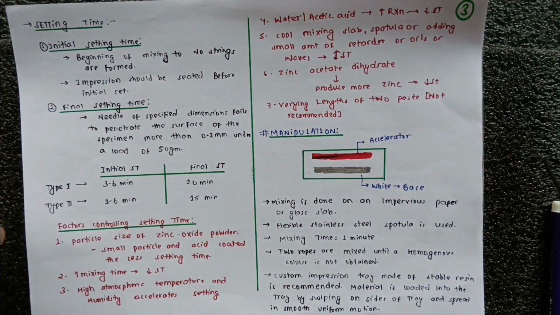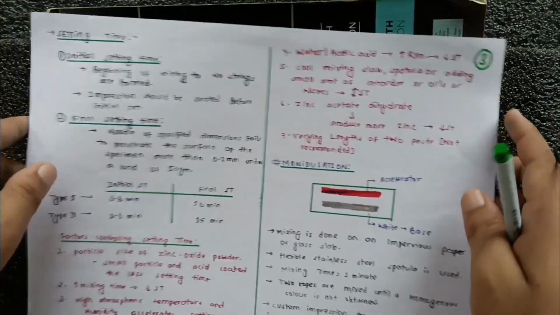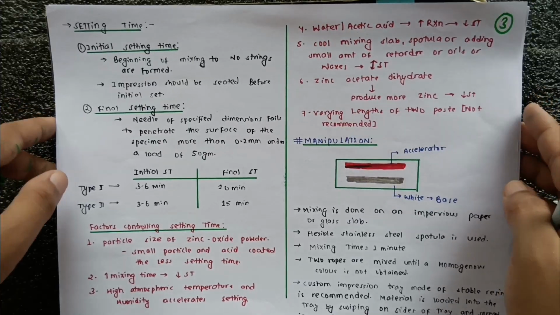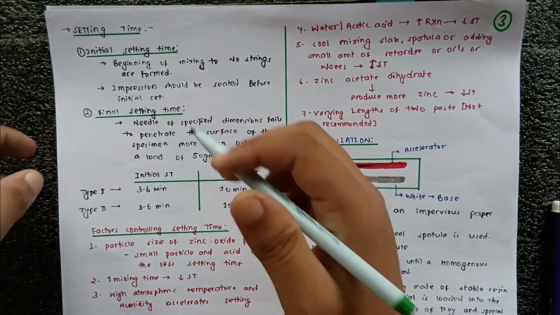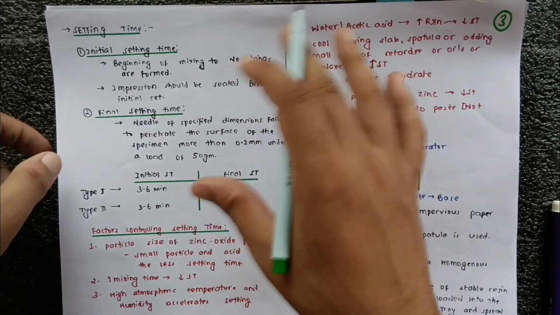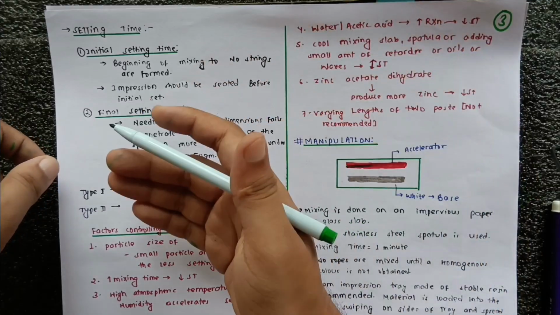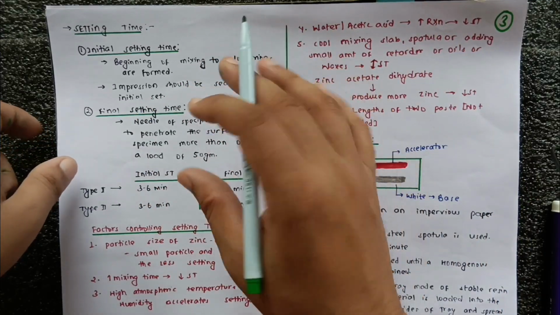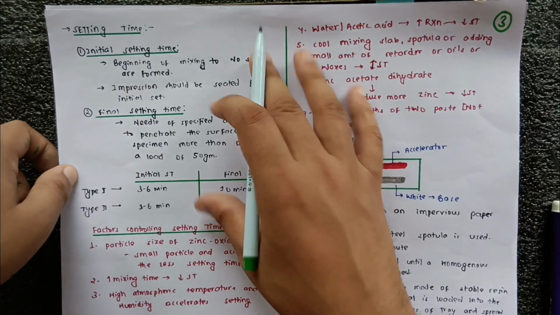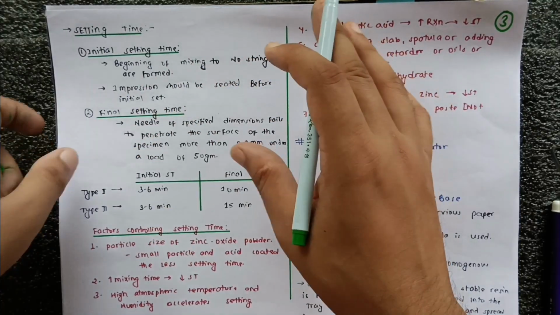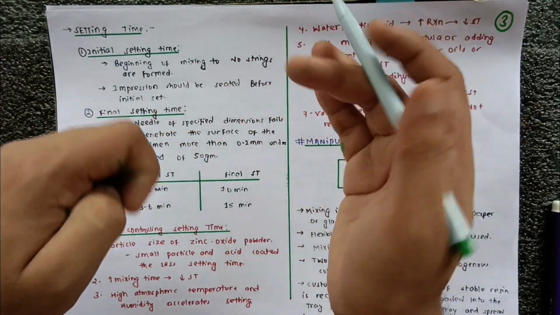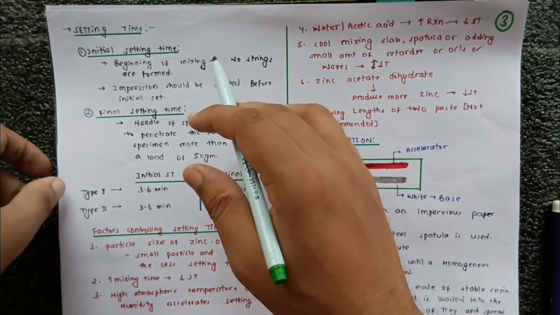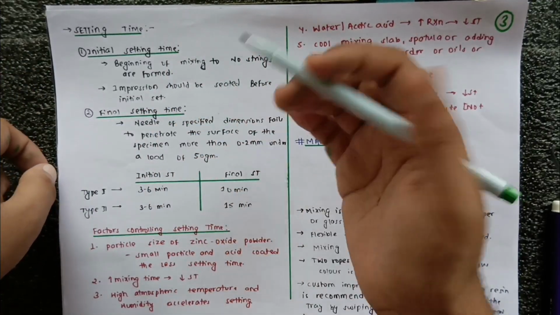Now, setting time. It is also not difficult to remember. This chapter is very easy compared to the dental cement chapter. In dental cement there was lots of data, like compressive strength, tensile strength and so on, but here there is not too much data.